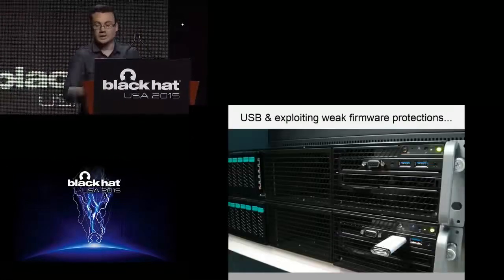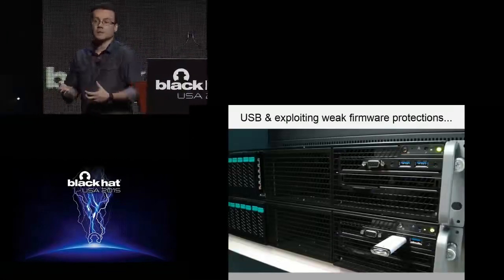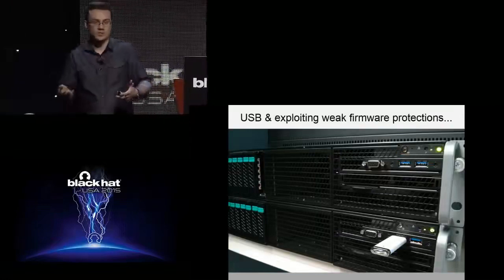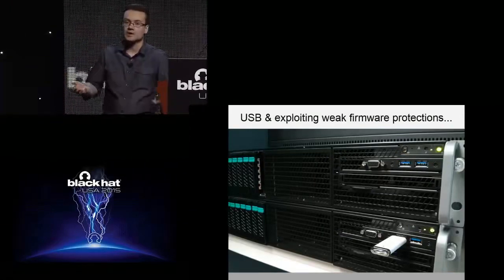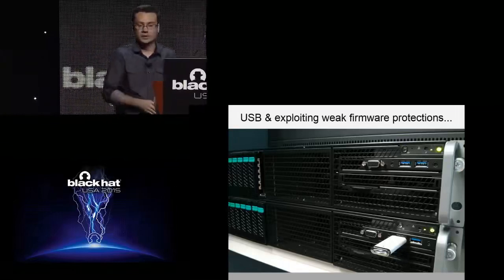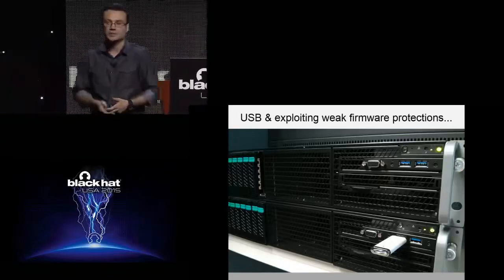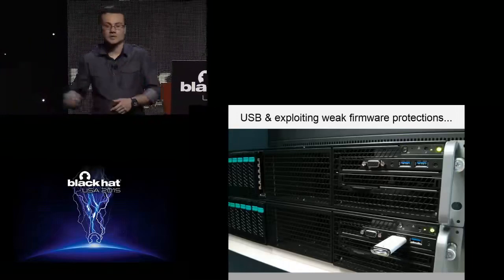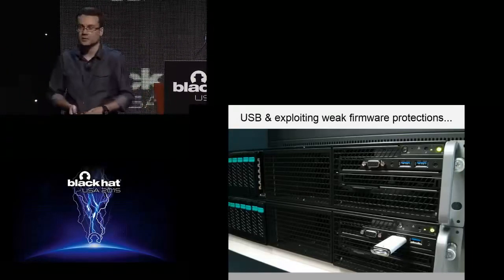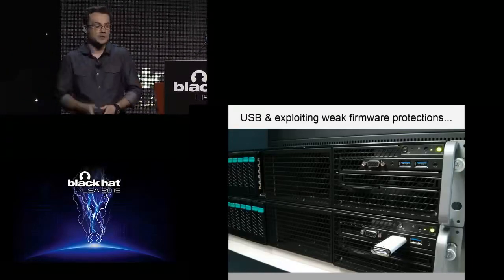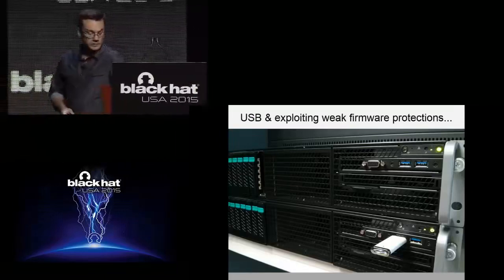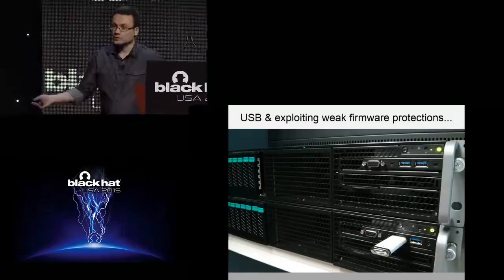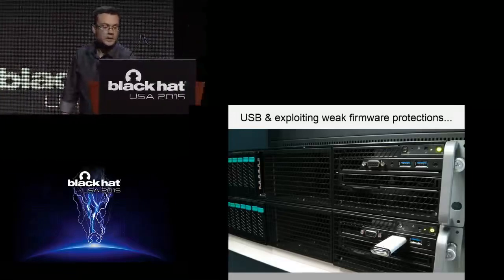Or if the firmware is using weak protections, so it doesn't correctly protect itself from overwriting, then the attacker could just plug a USB into the server, boot to that USB and infect the firmware. That's how the Hacking Team guys have been doing that infection, at least as what we saw.